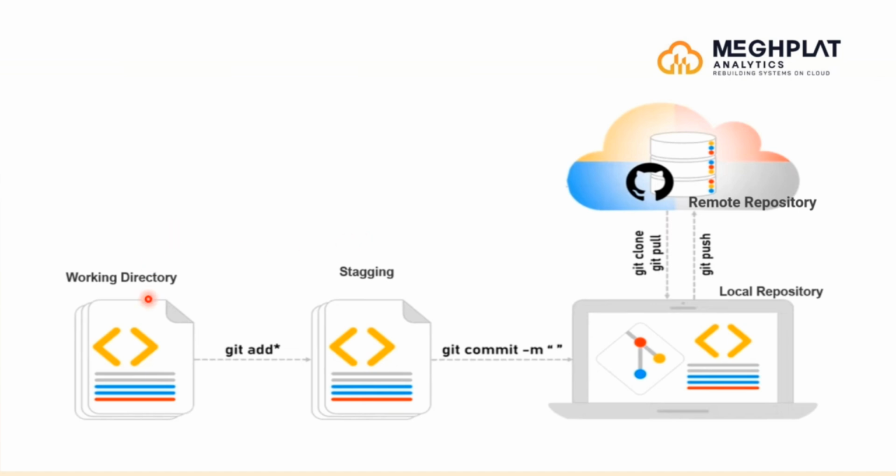So here you can see the flow chart. Let's go to the working process. Whatever files we are creating inside the project will be by default available in the working directory. So from there we will add all the files into staging, which is basically a virtual environment.